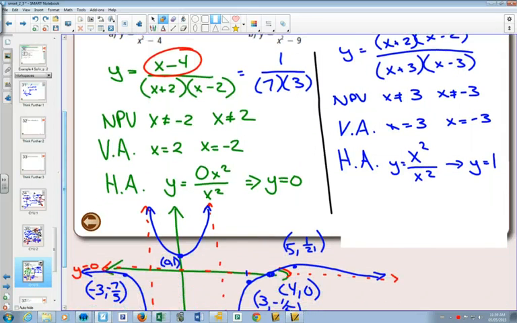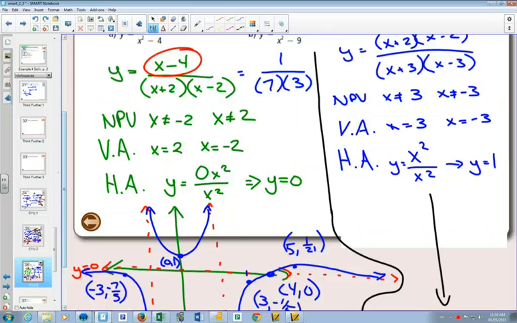So now if we were going to graph this one, at negative 3 and at x equals 3, we'd have asymptotes. We'd also have an asymptote at y equals 1.